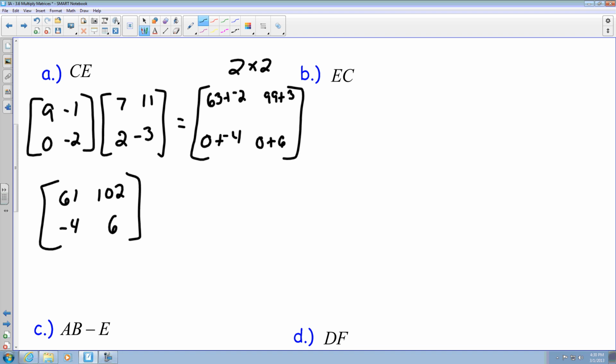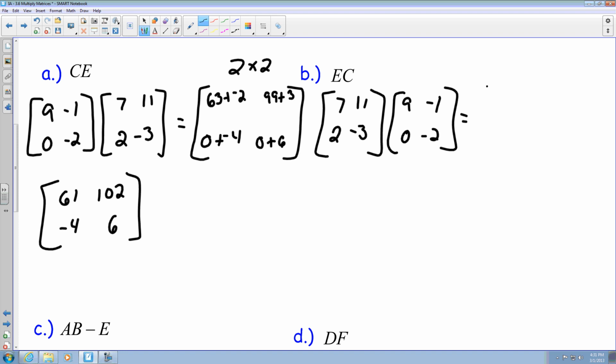Now let's try EC. So this is going to prove something, and I'll show you in a minute. So I go with 7, 11, 2, -3, and now I have 9, -1, 0, -2. Again, this is still going to be a 2 by 2 matrix.